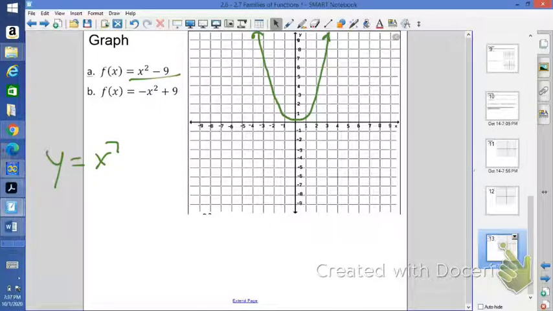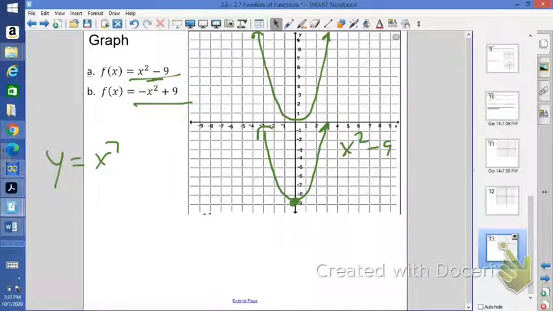So we have no horizontal shift left or right. This minus 9, so we're subtracting 9, that's outside, hanging off at the end. That means we're going to move everything down 9. So the new vertex is going to be here. And I don't want it to look that much fatter. Okay. So there's x squared minus 9.